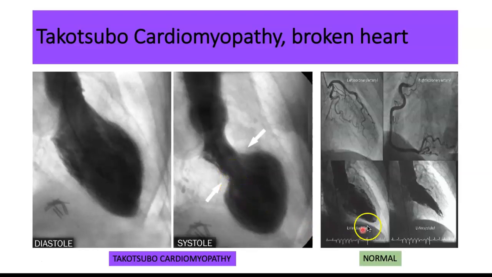And so for comparison over here, this is diastole, the filling of the ventricle, and then over here in systole, the left ventricle is contracting and pushing the dye out of the left ventricle. So this is normal wall motion over here, and in this case, the apical ballooning, where the apex of the ventricle is not contracting normally.